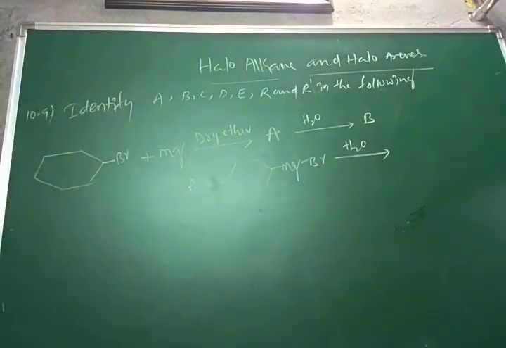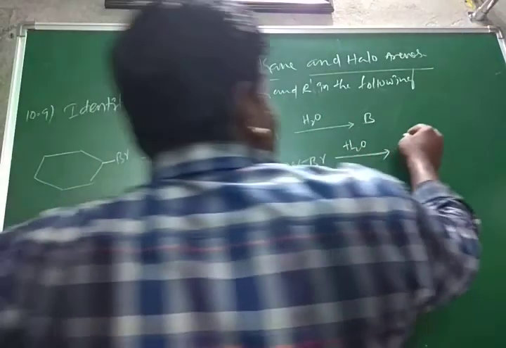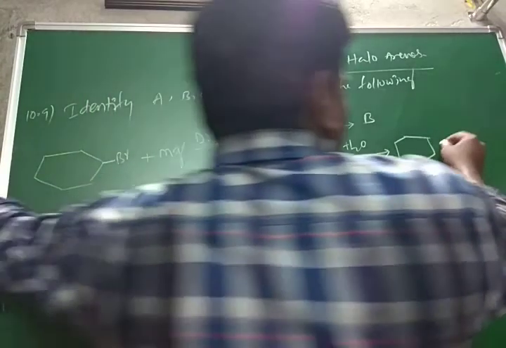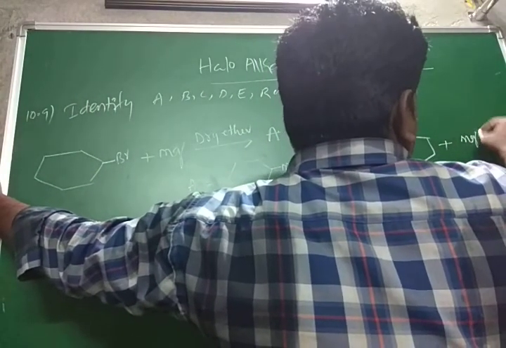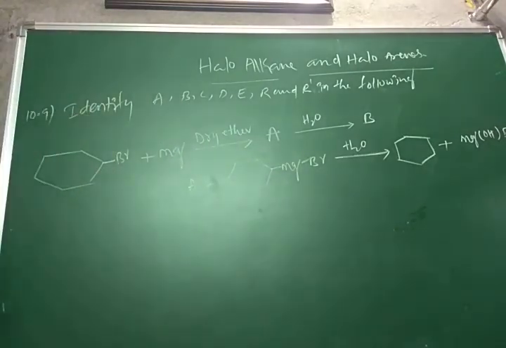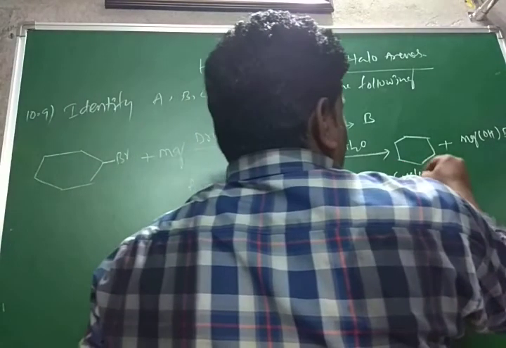And what about B? When this RMgX is treated with water, that means hydrolyzed, then an alkane will be obtained. Alkane means here the plain cyclohexane will be obtained and magnesium hydroxy bromide is the byproduct. So cyclohexane will be obtained.